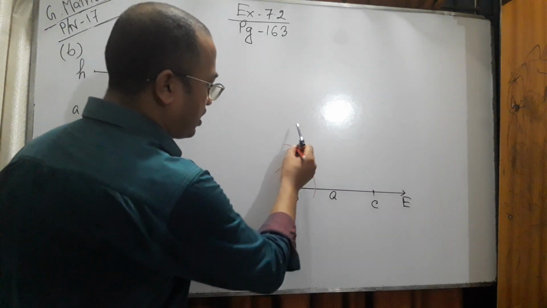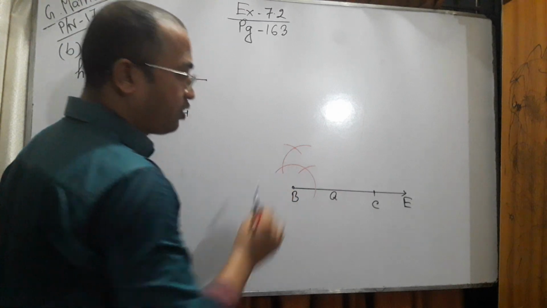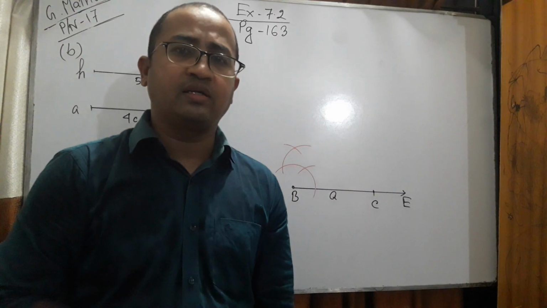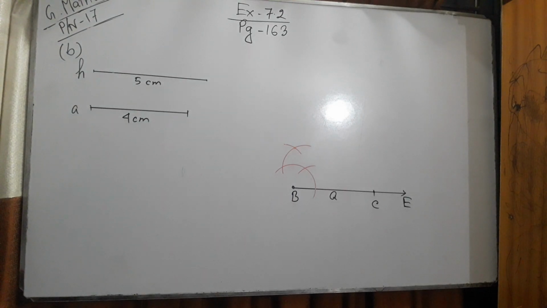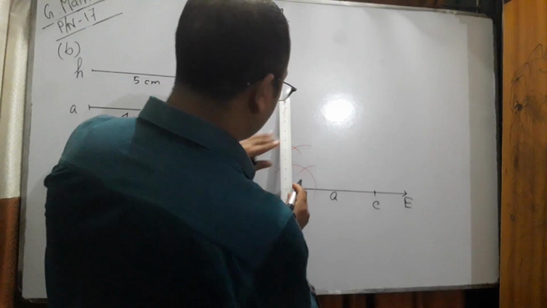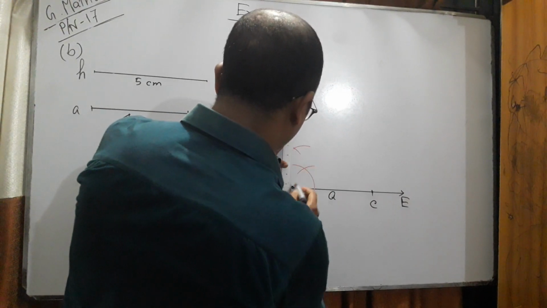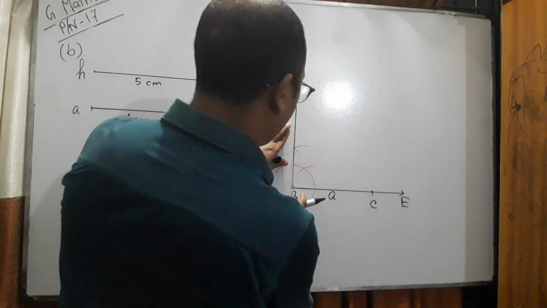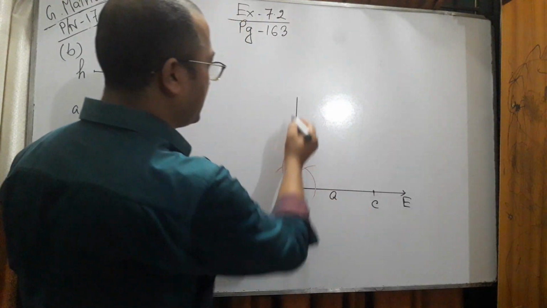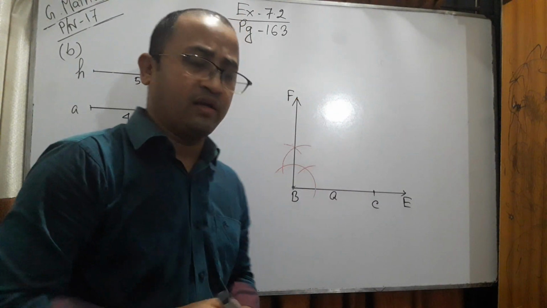Finally, we get an intersecting point over there. If we join these 2 points, we will get a perpendicular, that is a right angle. So now join these 2 points. So this is CBF, a right angle.